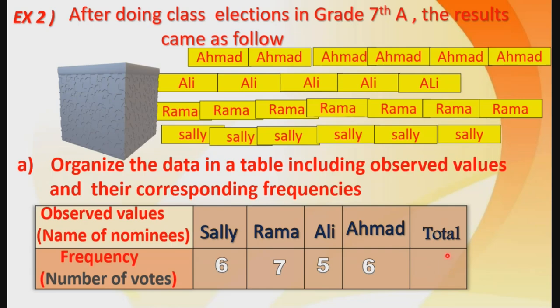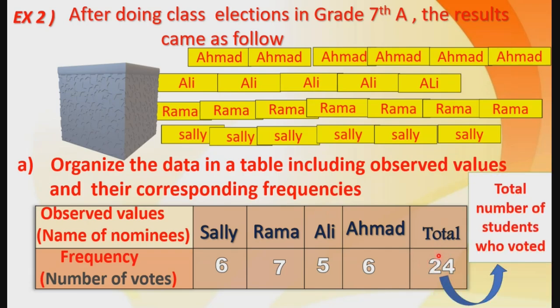Good. And what do you write here in the last cell? In the last cell here, we write the total frequency, which is equal to the sum of all these frequencies. So 6 plus 7 plus 5 plus 6 equal to 24. Very good. And this 24 represents the total number of students who voted.